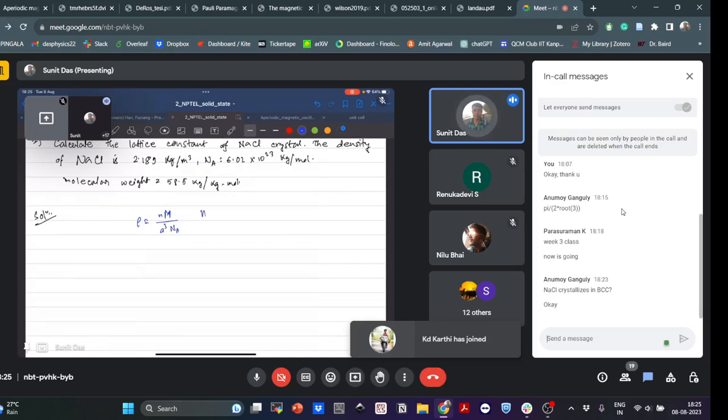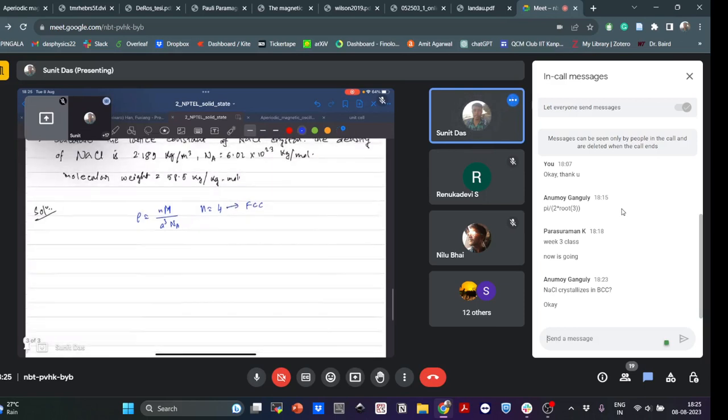Where N is the number of atoms in the unit cell. In our case, this is FCC, so 4. M is the molecular weight, and A is the dimension basically of that unit cell. So A cube is the volume, and the other terms include the mass present in the unit cell.